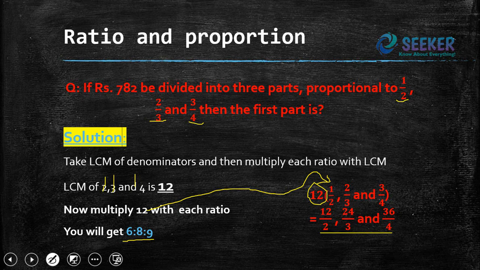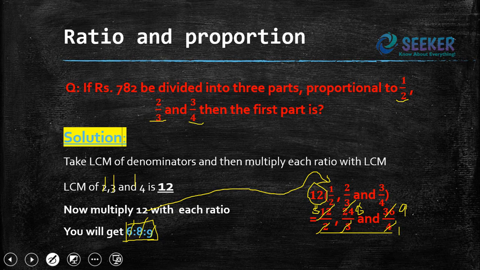Now we can divide this like 2 ones are 2, 6 are, and here 3 ones are 3, 8s are, here 4 ones are 4, 9s are. So we get this 6, 8 and 9.